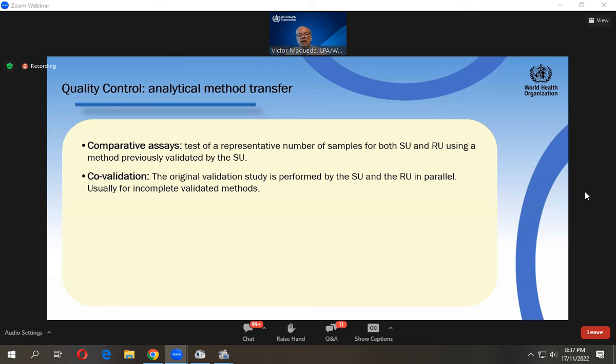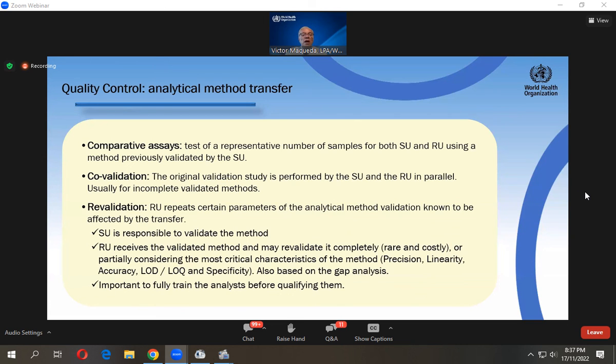There are other approaches like co-validation, meaning the original validation studies performed by the sending unit and the receiving unit in parallel, usually for incompletely validated methods, not commonly used. This co-validation approach. And also we have revalidation. The receiving unit repeats certain parameters of the analytical method known to be affected by the transfer.